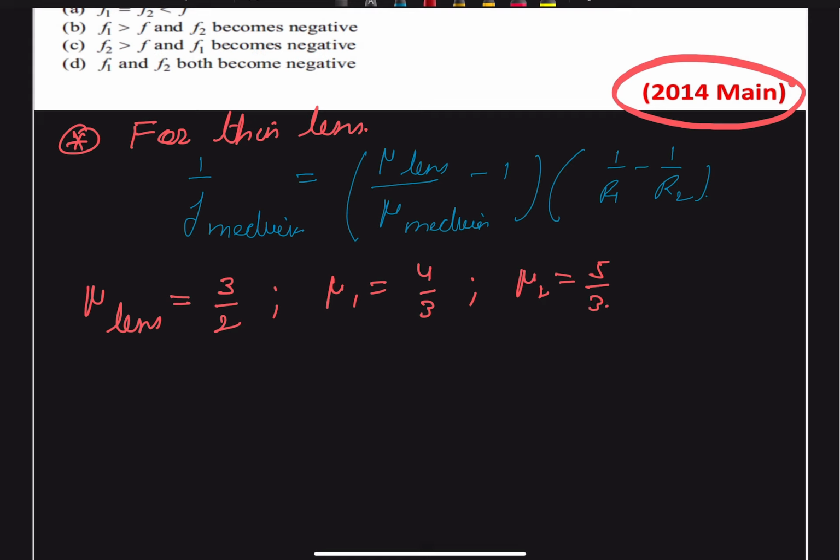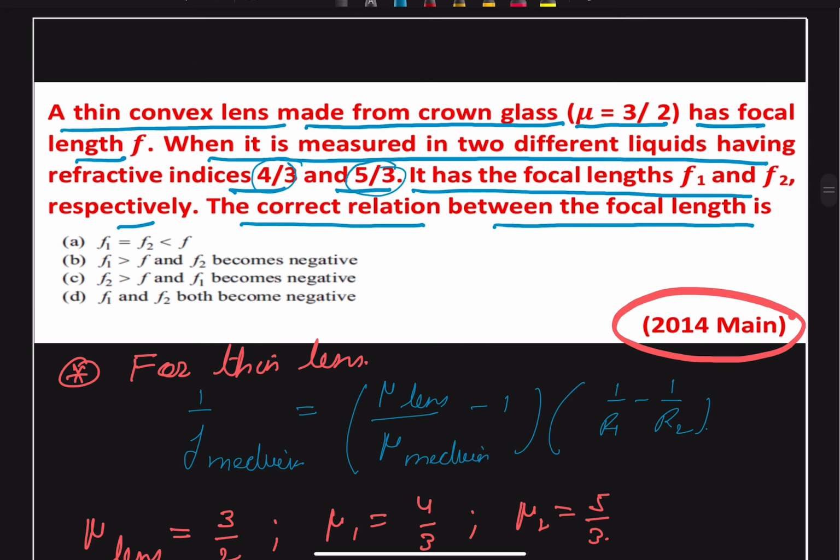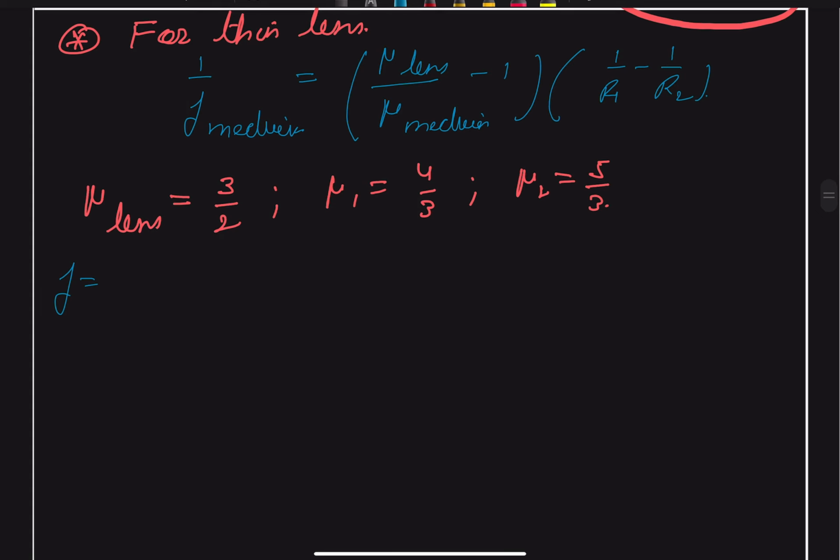And the focal length f is the focal length in air, and refractive index of air, in that case the medium, is equal to 1.